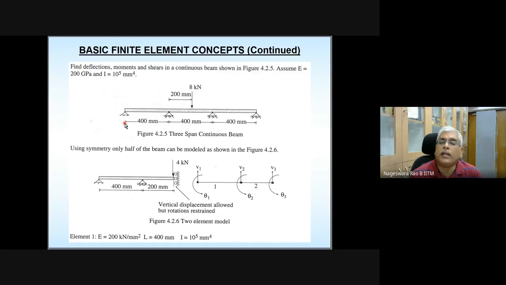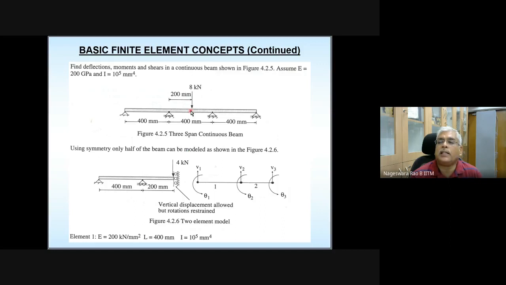So V1, V2, V4, V5 are going to be 0. V3 is not going to be 0. V3 is the transverse deflection at this point. And theta 1 is not going to be 0. Theta 2 is not going to be 0.